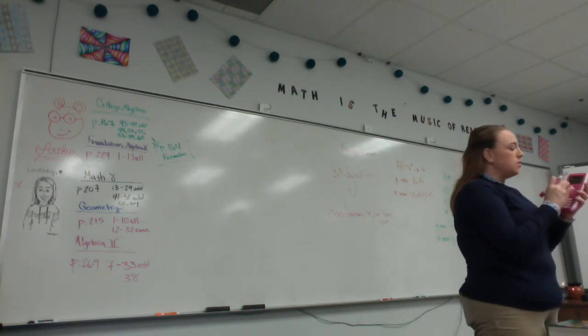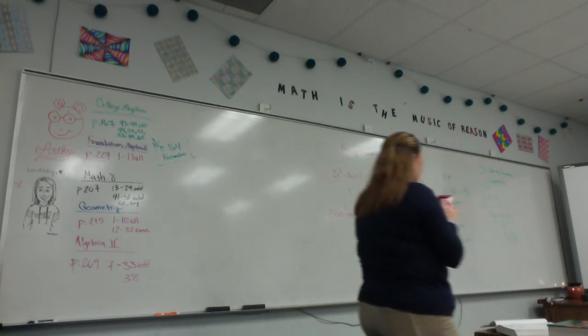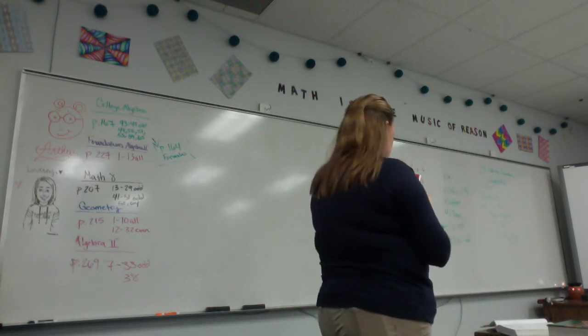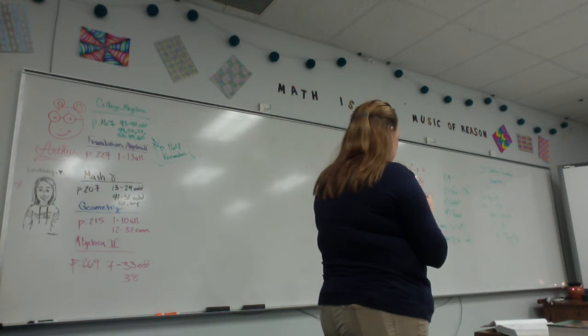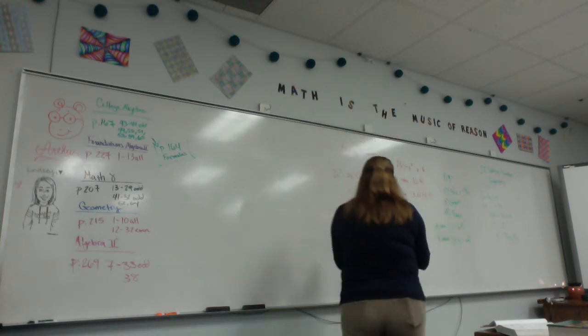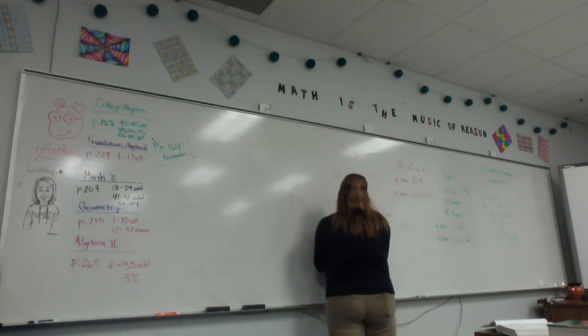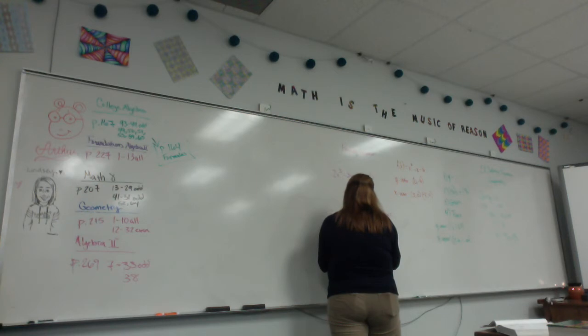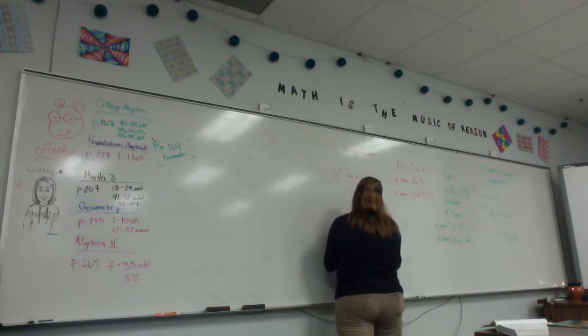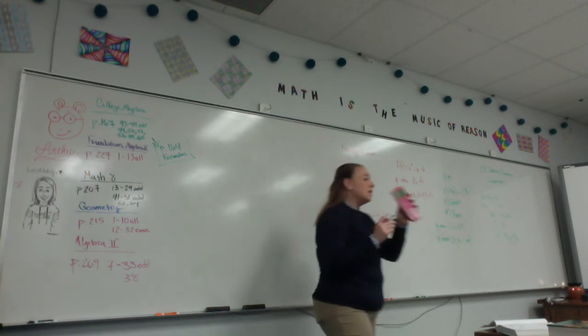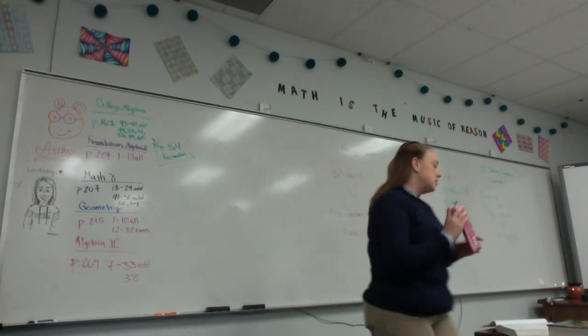So you just hit the zoom button and you hit zoom in or zoom out, whatever you want to do, and it's going to give it to you so that you can see it. So my y-intercept in this case is at (0, 1.9) exactly, because I can zoom in and see it.